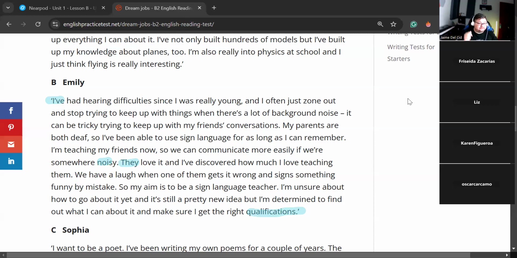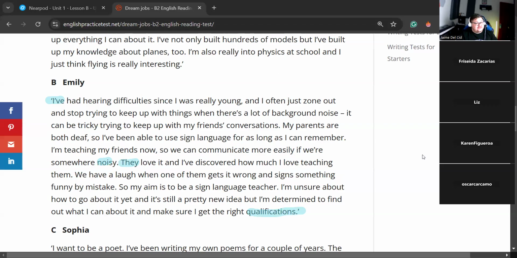I am unsure how to go about it yet, and it's still a pretty new idea. But I am determined to find out what I can about it and make sure I get the right qualification. Qualification. Qualification? That's right. Very good.